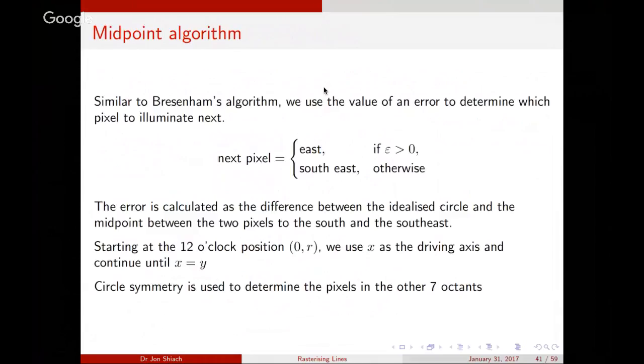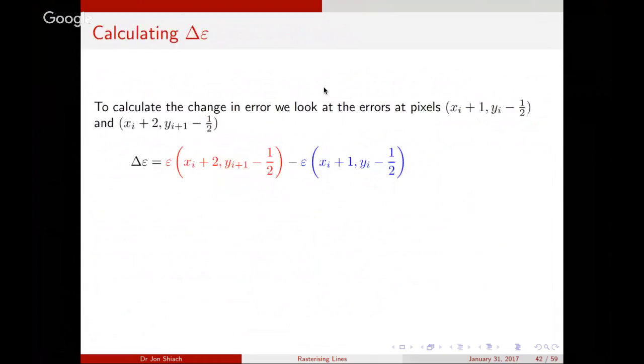And we use x as a driving axis, and we continue until our x coordinate is equal to our y coordinate. Because we're only calculating it in the first octant, we then use circle symmetry to calculate it in the other 7. Very, very clever algorithm, this.